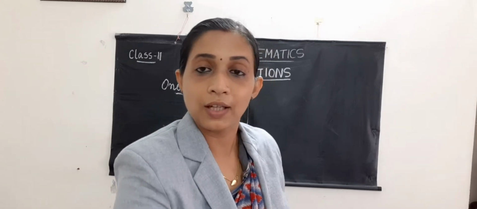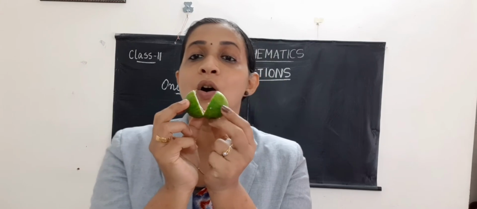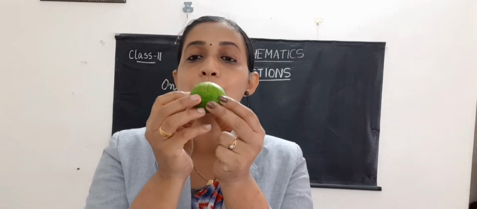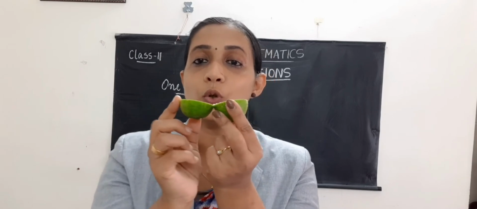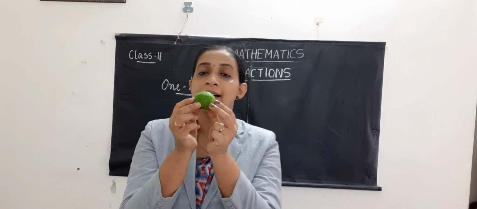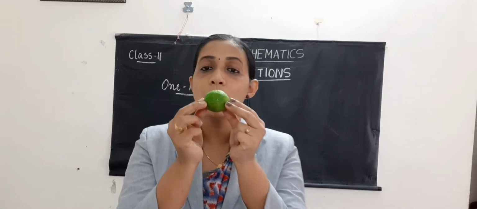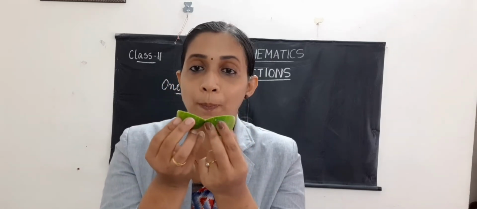Okay. If you cut this lemon into two, see, you have cut this whole lemon into two parts. Now this lemon has two parts, 1 and 2. So this whole lemon is divided into two parts.